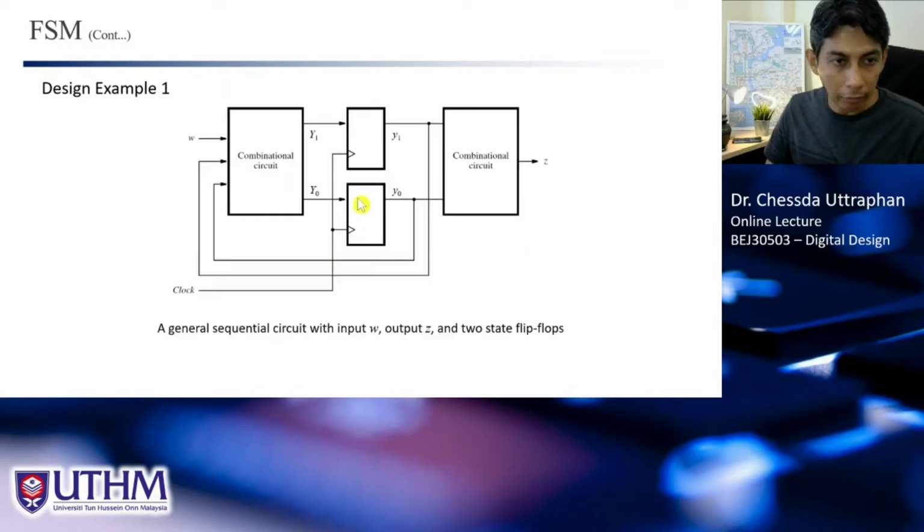And also we need this, and this is easy, right? Because we don't need to derive what is inside this box using the logic equation. So this is the block diagram or general structure of the finite state machine, which is easy to draw.